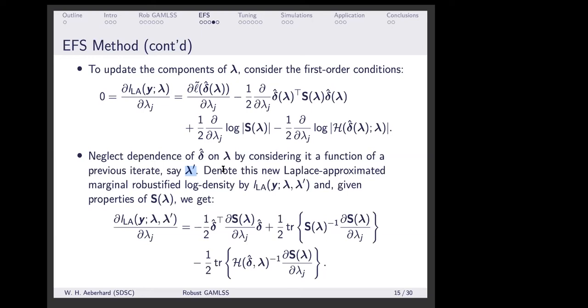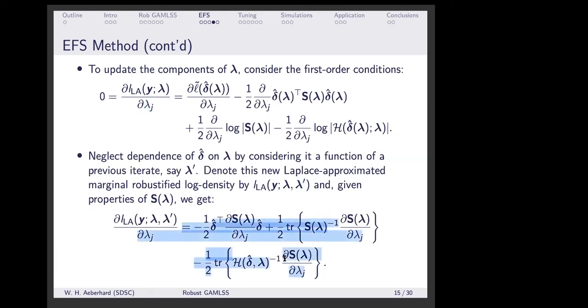And this will just be a plain lambda. So this is my new Laplace approximated function here with two versions of lambda, the active one and the inactive one. Any quantity that depends on the inactive one is considered a constant with respect to the derivative with respect to lambda j. And this allows us to simplify things a lot.